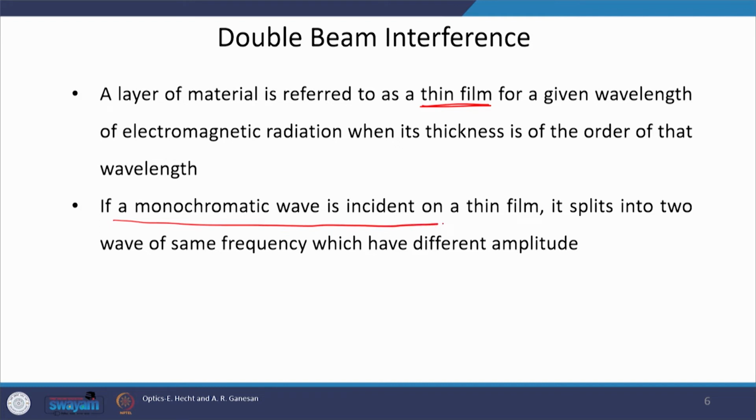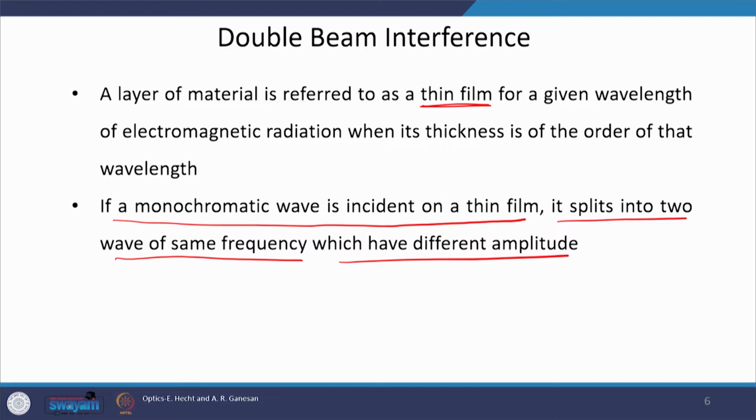If the film's thickness is of the order of the wavelength, then only we call this film a thin film. Now, if a monochromatic wave is incident on such a thin film, then it splits into two waves of the same frequency which have different amplitudes.